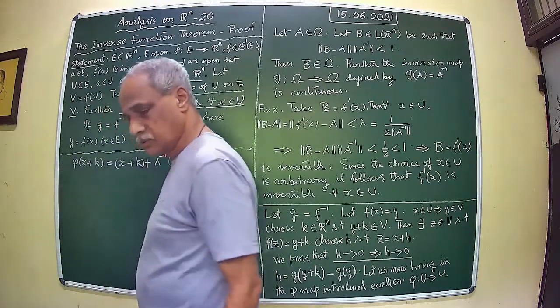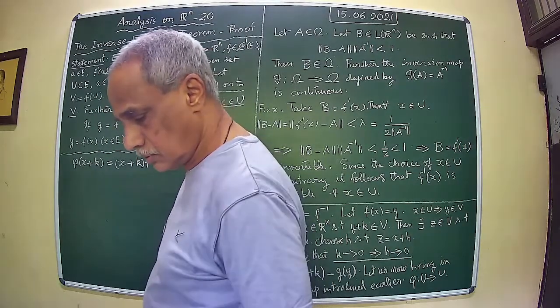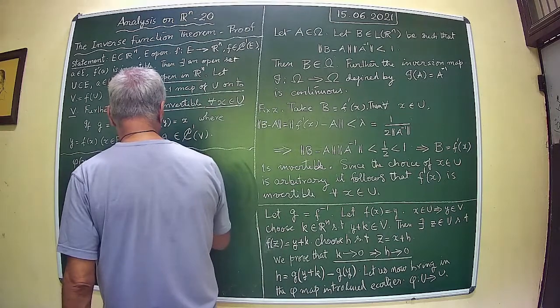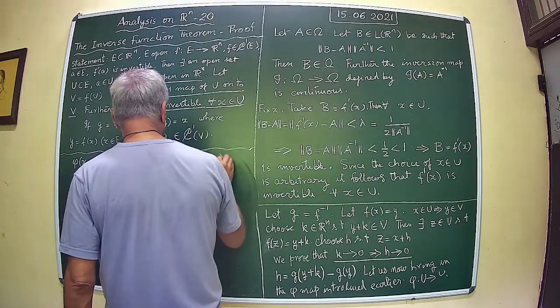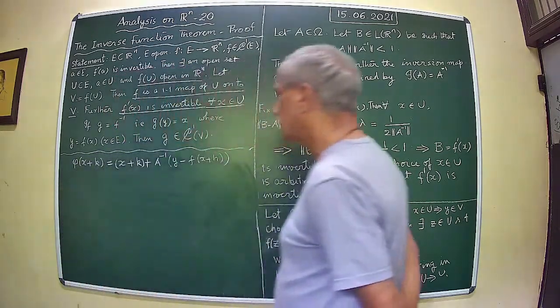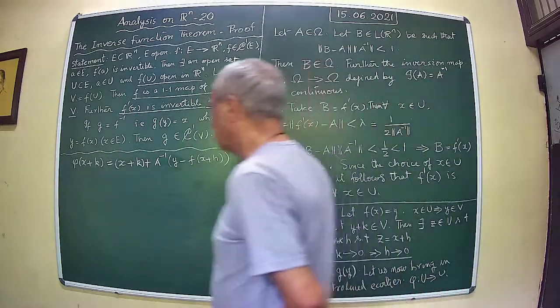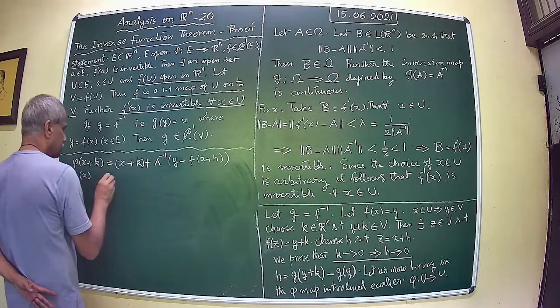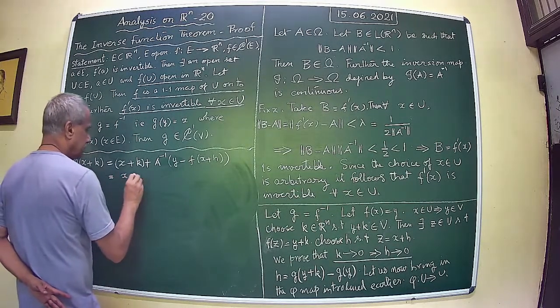This is the phi map, and for x this is what you have, phi of x is equal to x plus.